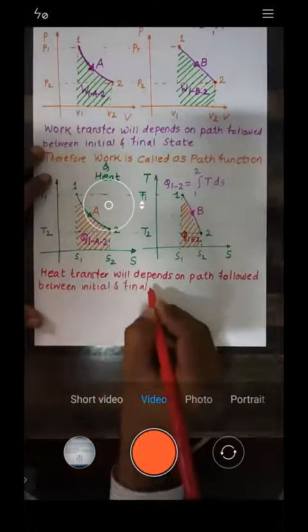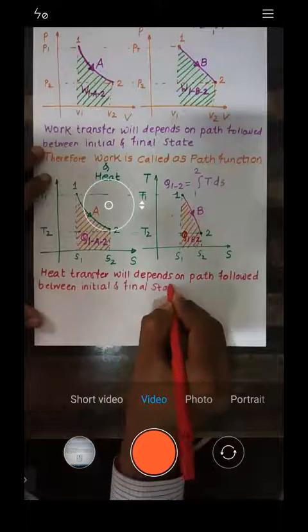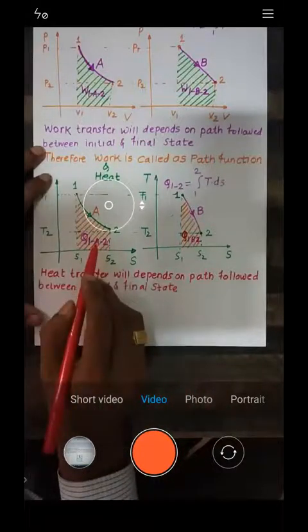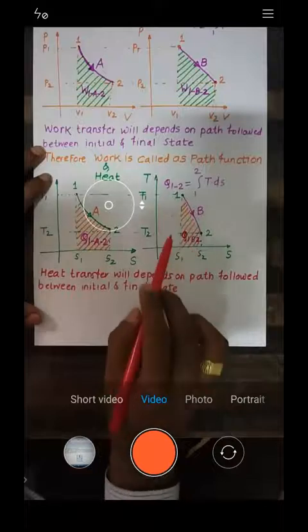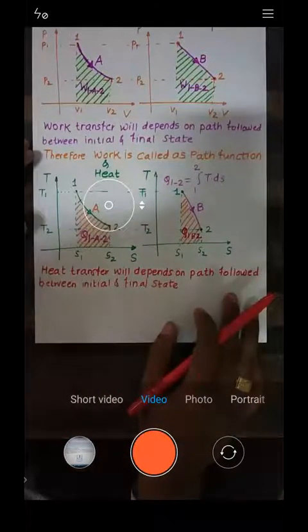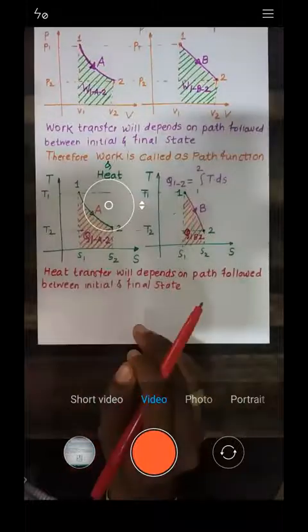When you move like 1A2, you have a different value of heat transfer. When you move like 1B2, you have a different value of heat transfer. So heat transfer will depend upon the path which you have followed while moving from initial to final, right?